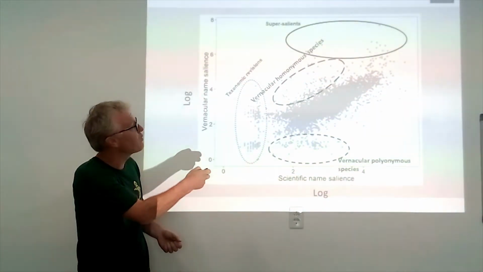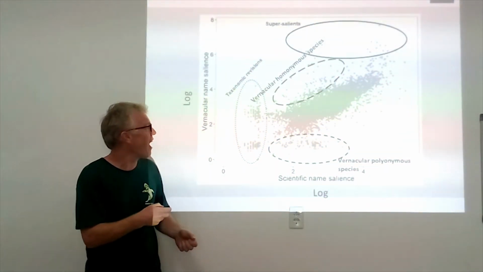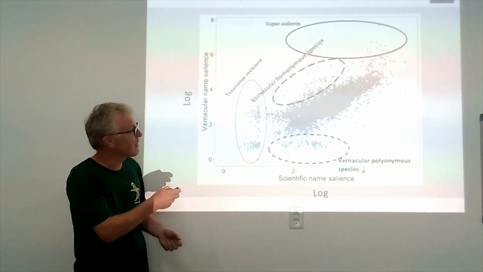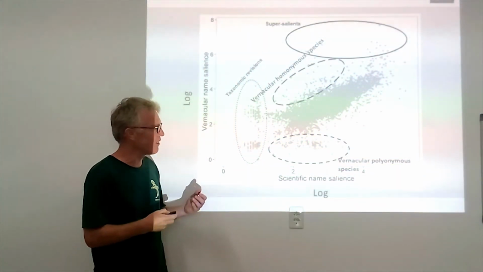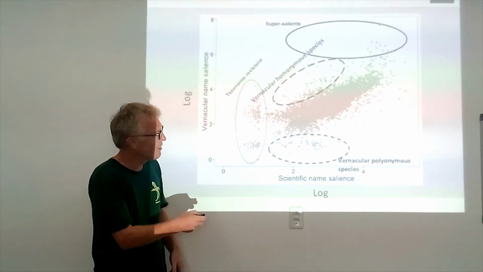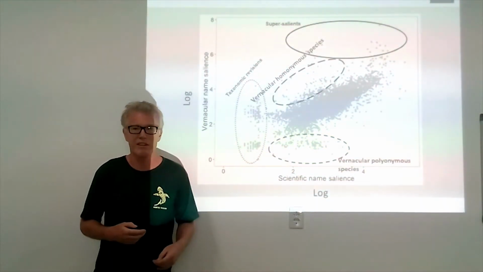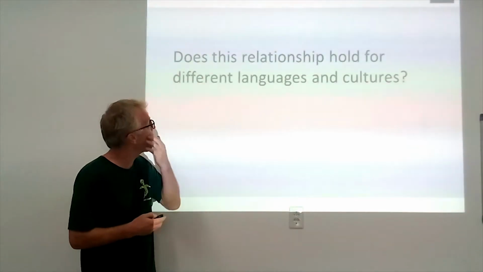These ones, vernacular homonymous species, are where you have vernacular names which have other meanings, such as teal. And occasionally you have scientific names that also have these characteristics.